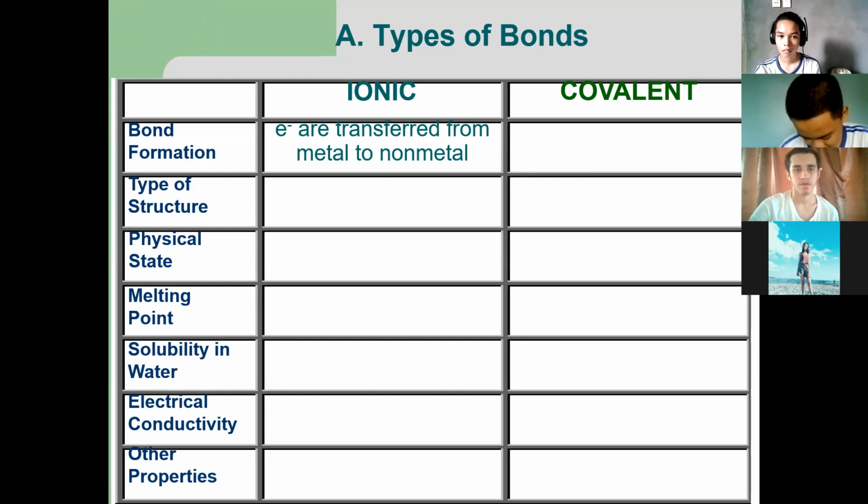Example, lithium and oxygen, calcium and chlorine. But you cannot create an ionic bond between hydrogen and oxygen because hydrogen, even if it belongs to group 1, is a non-metal. Okay? You cannot create an ionic bond between phosphorus and sulfur because they are non-metals.